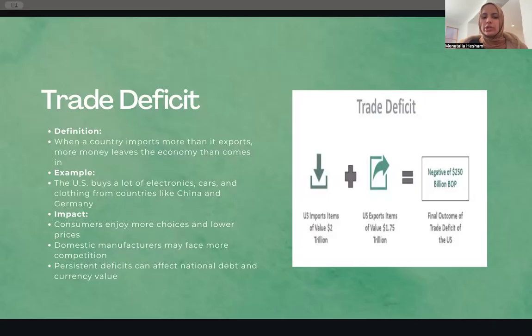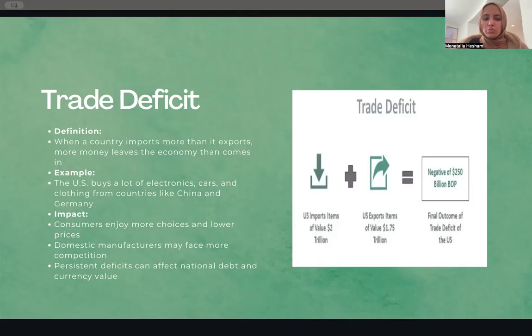So here we have the trade deficit. A trade deficit occurs when a country imports more goods and services than it exports. This means that more money flows out of the country to pay for foreign products. A common example is the United States, which imports large amounts of electronics, cars, and clothing from countries like China, Japan, and Germany.